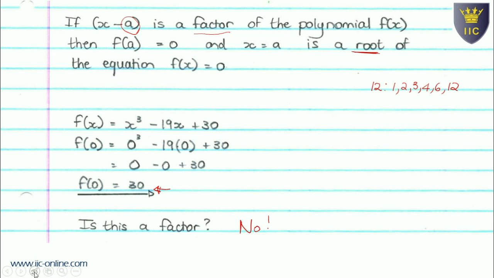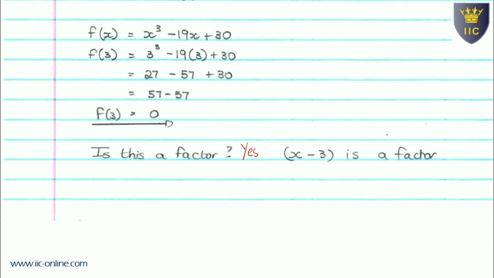We say that the factor is x minus a. And so the way that you write the answer down is to simply say x minus a is a factor. So what was our factor over here? 3 was the factor. So we write x minus 3 is a factor.